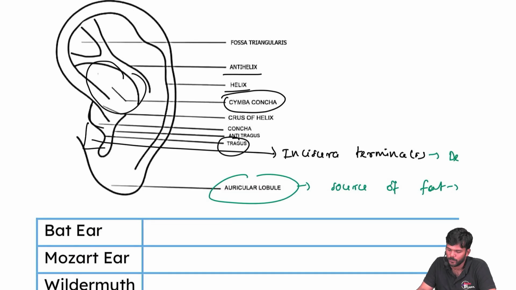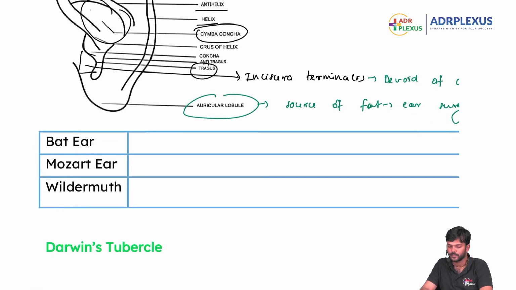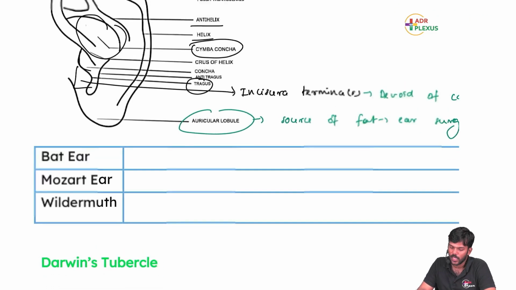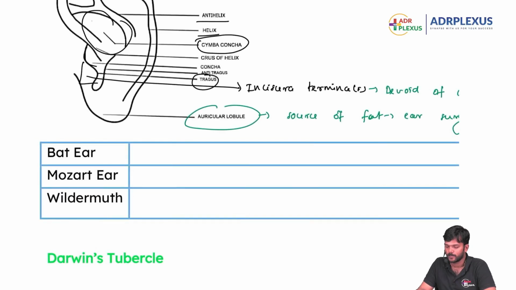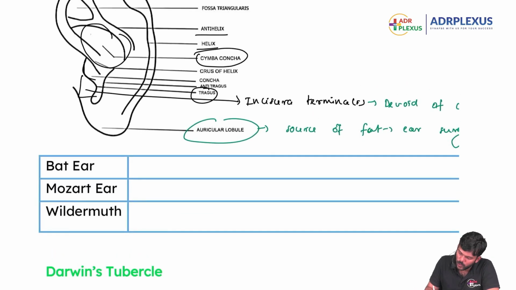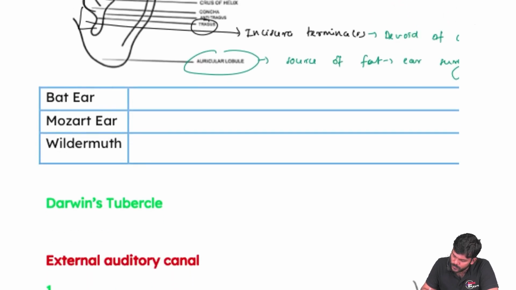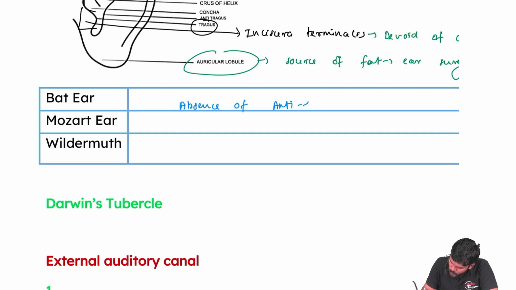Okay, so with that note we could enter into the anomalies of the pinna. Absence of the helix is called bat ear.